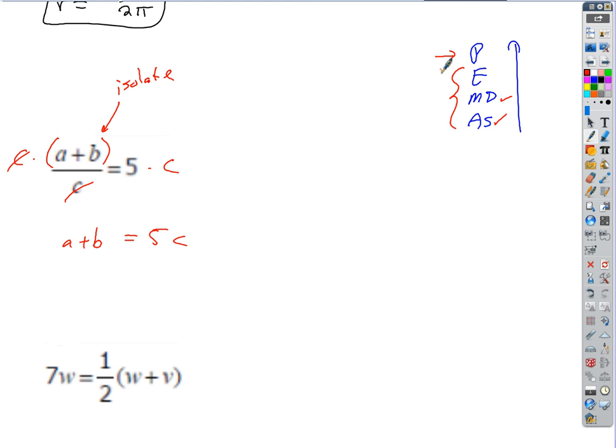We're trying to isolate b, so I got to subtract a from both sides. So those go away. I end up with b equals, well, I can't combine those, can I? 5c and a are different terms, so I just end up with 5c minus a. And that's my answer.